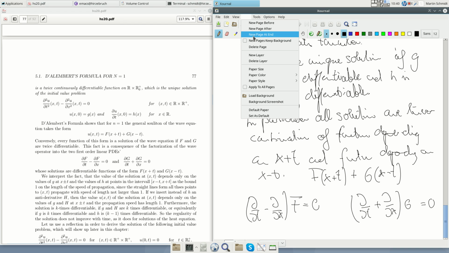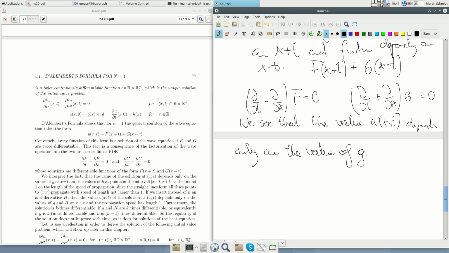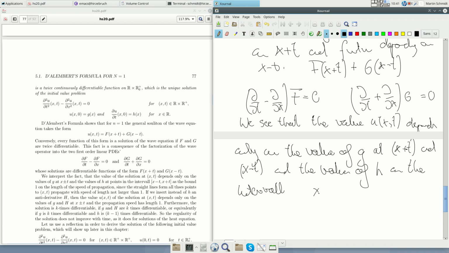Yeah, with this formula, we see that the value u of x, t depends only on the values of g at x plus t and x minus t, and the values of h on the interval x minus t, x plus t.